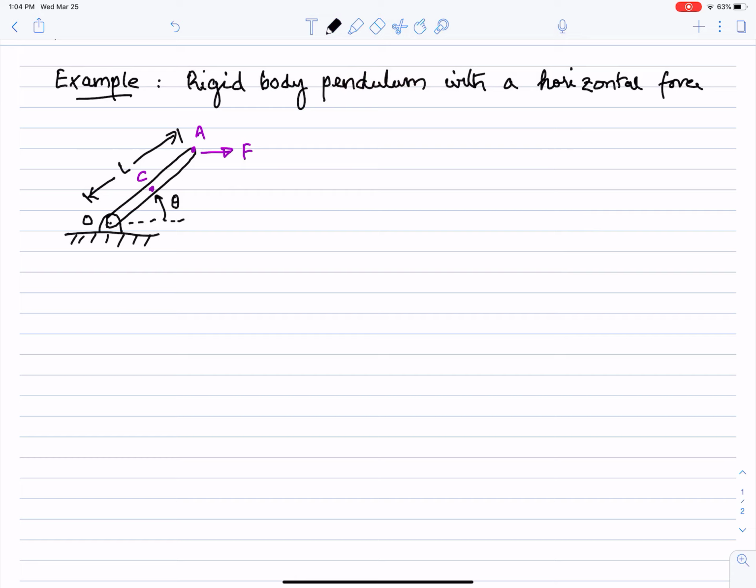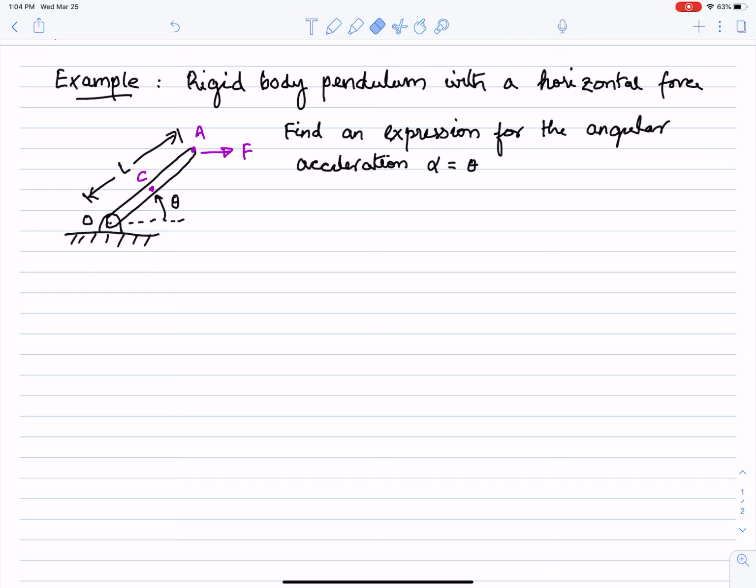And you're asked, find an expression for the angular acceleration, alpha equals theta double dot, right?